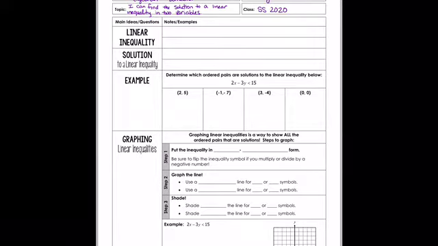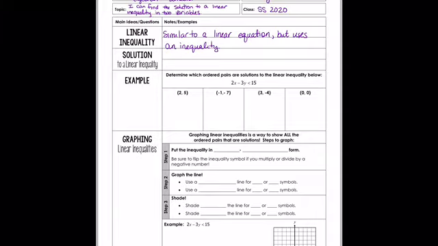A linear inequality is similar to a linear equation. However, it's going to use an inequality symbol instead of an equality symbol.